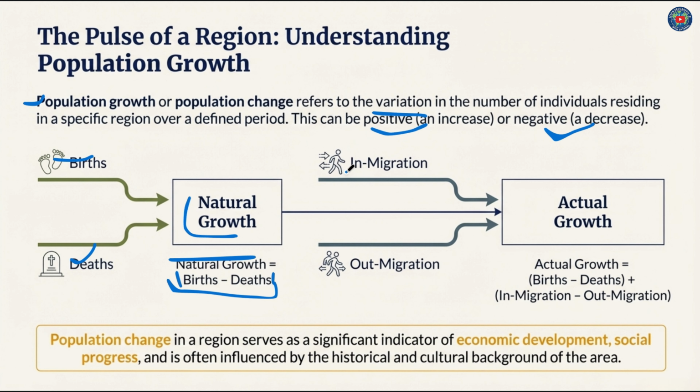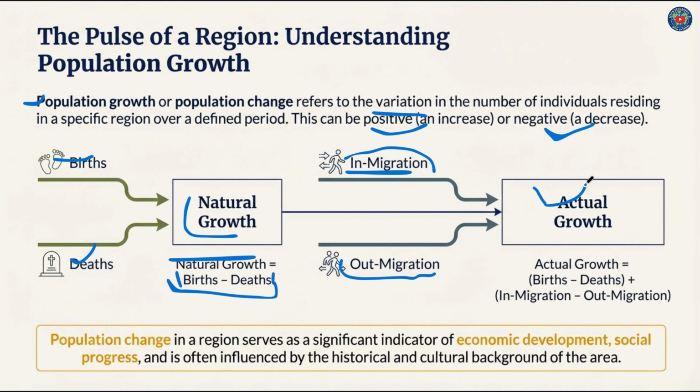And immigration means incoming movement of people, and out-migration or emigration means outgoing movement of population.